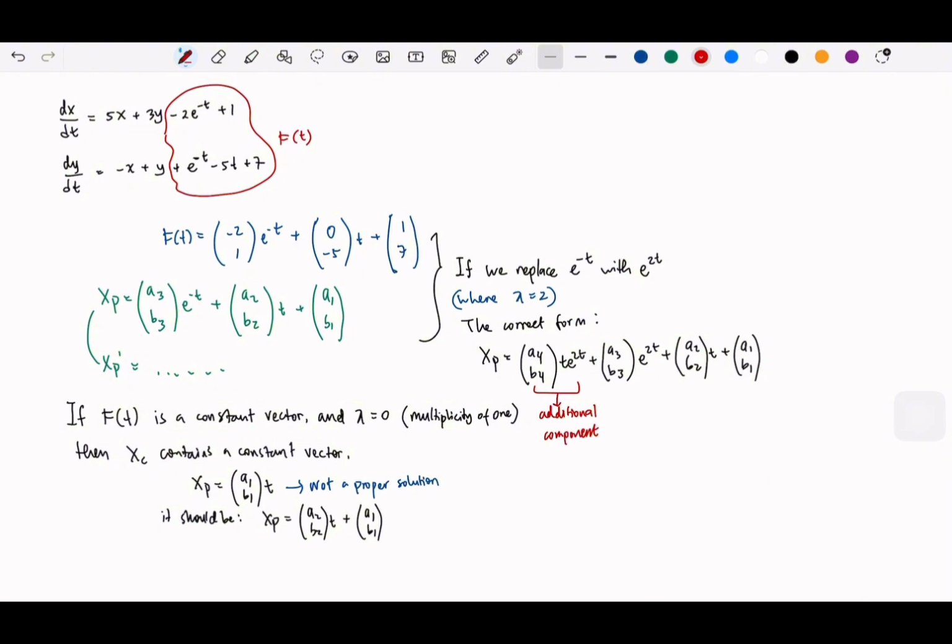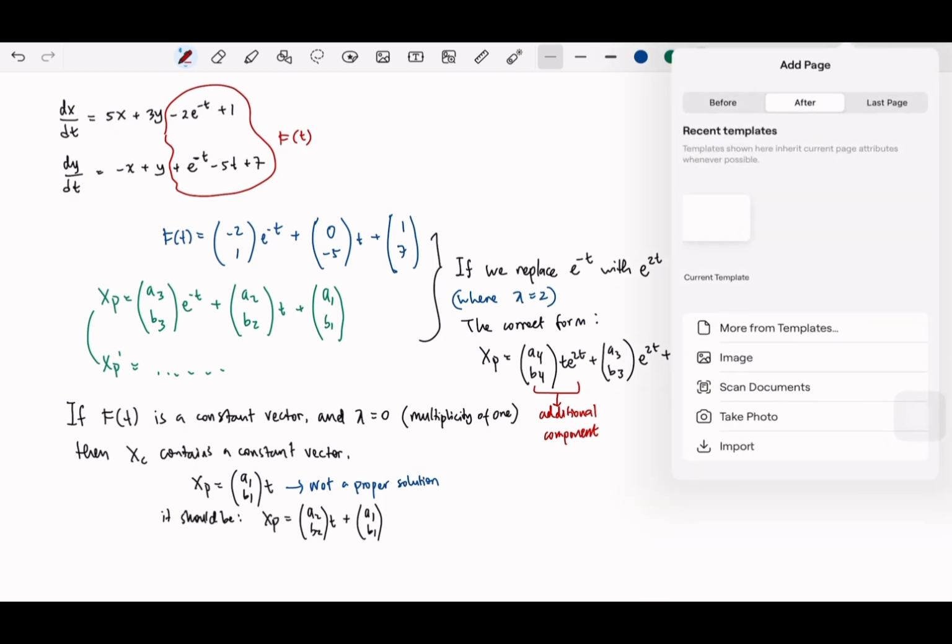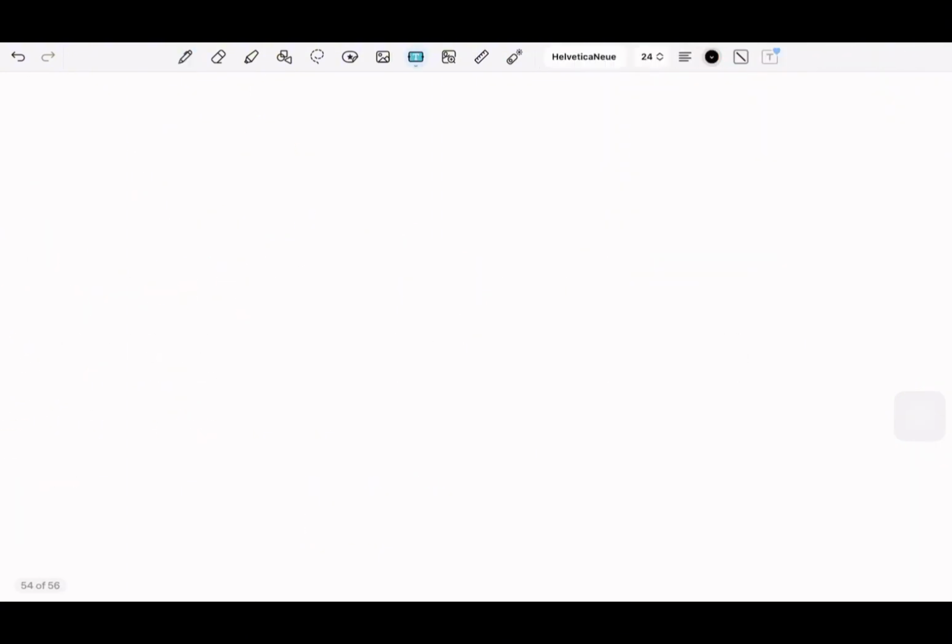So we already have using the diagonalization to solve the homogeneous system. Now we try to solve the non-homogeneous using diagonalization. So let me go into the diagonalization in non-homogeneous.